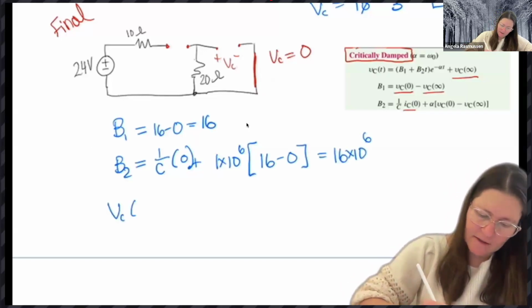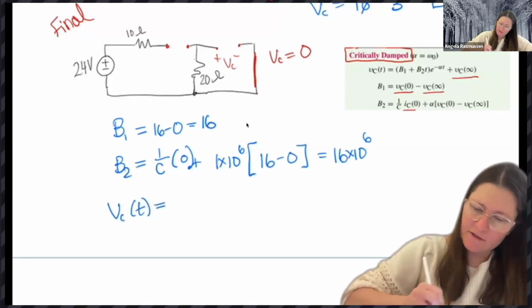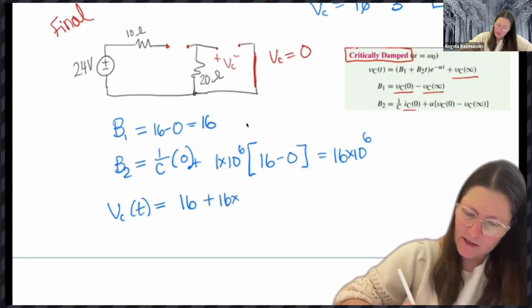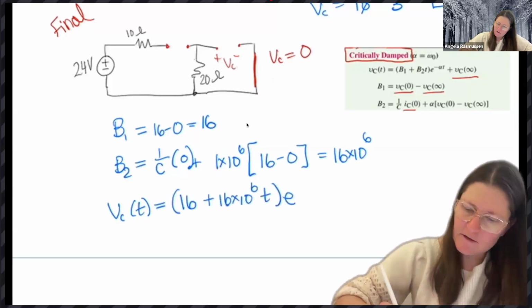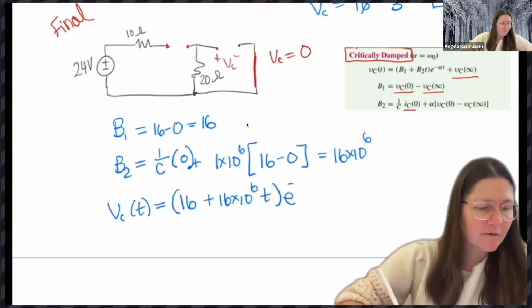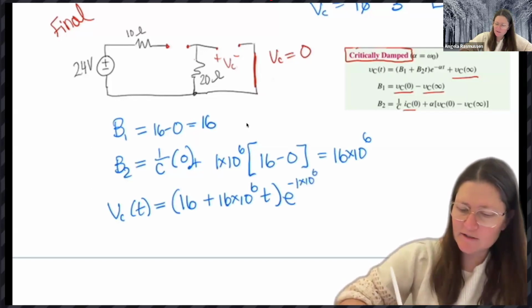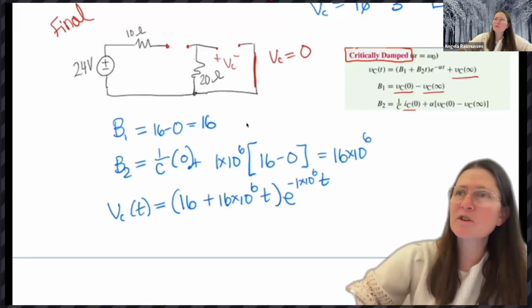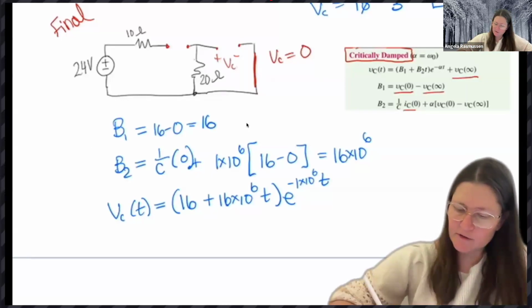And then VC of t is going to be 16 plus 16 times 10 to the 6 t, times e to the minus alpha t, which is 1 times 10 to the 6 t, and then plus 0, since VC of infinity was 0. So this will be in volts.